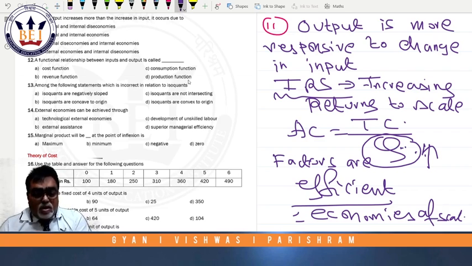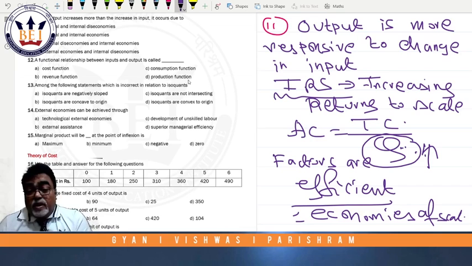What are internal economies? Like your manager is efficient, your labor is very productive, technology is perfect, all are internally good. All are internally good means obviously it should add more to quantity than to total cost, but it cannot sustain for long. Your manager cannot be efficient lifelong.